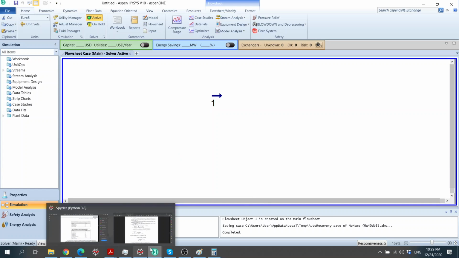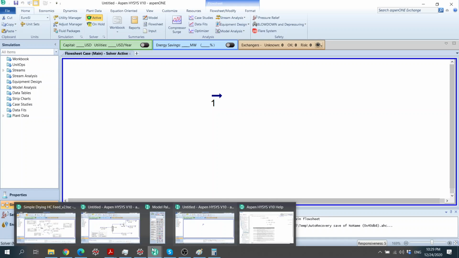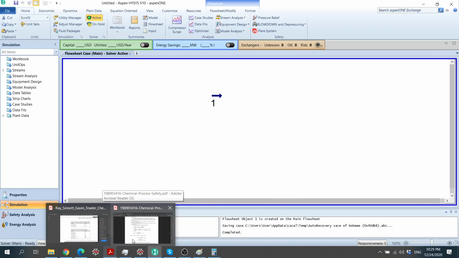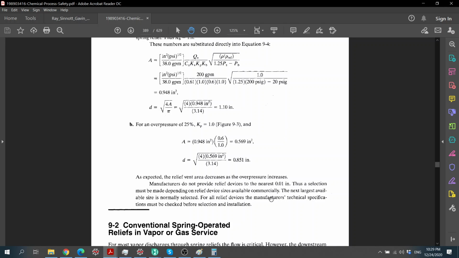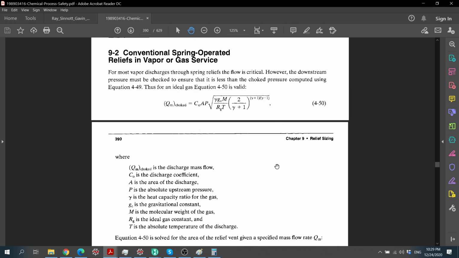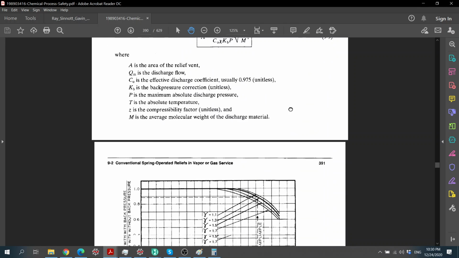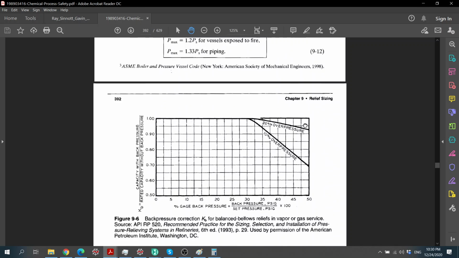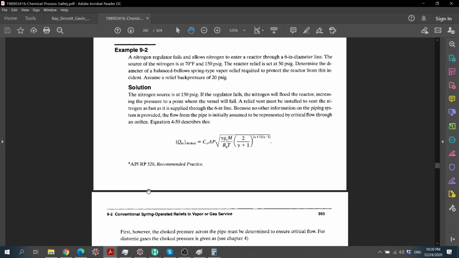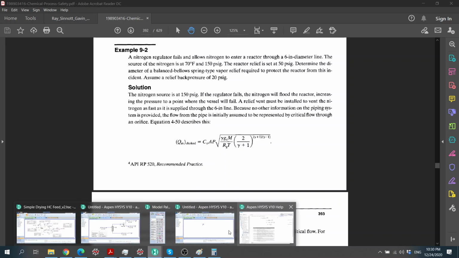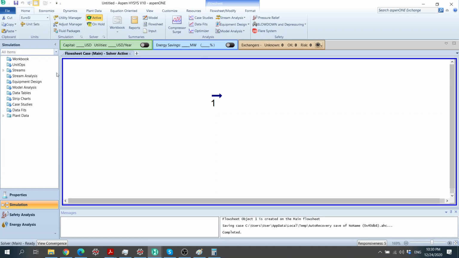Let's do the other one. Where is that thingy? The gas. We have the example of nitrogen, I believe. So nitrogen.